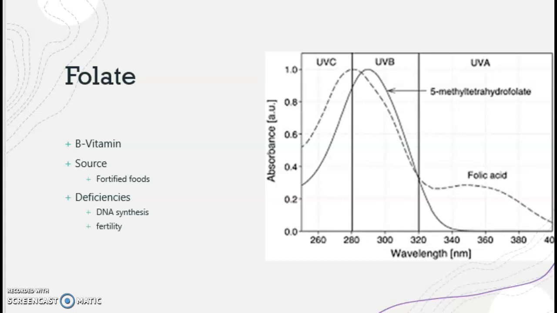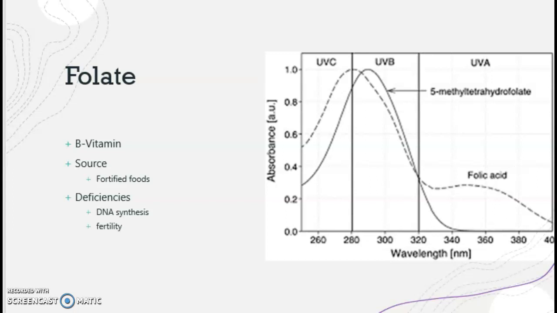Other than DNA synthesis, a study done by Brott et al. showed that females with increased folate levels have healthier oocytes that occur at a much higher frequency. Not only does this vitamin play a role in female reproduction, but it is involved in spermatogenesis for males as well. Unfortunately, ultraviolet radiation degrades folate levels in the body.